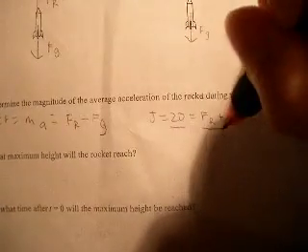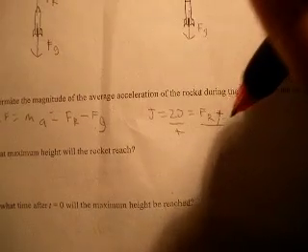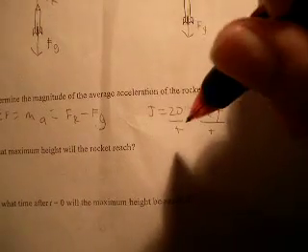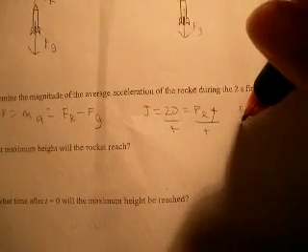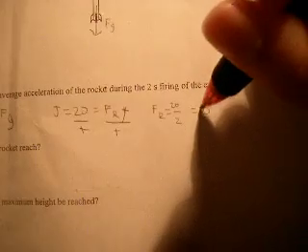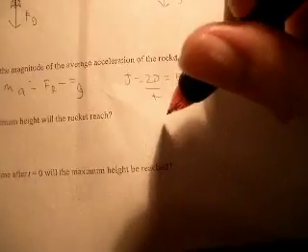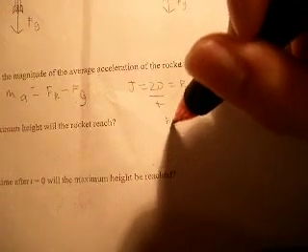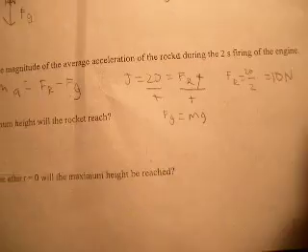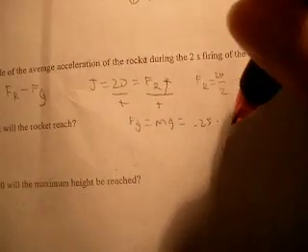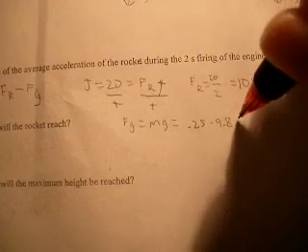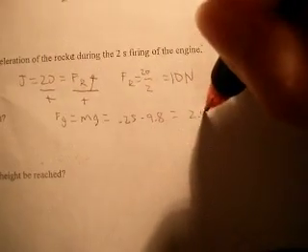You can divide both sides by t. T equals 2, so the force due to the rocket equals 20 over 2 equals 10 newtons. Force due to gravity equals mass times acceleration due to gravity, which equals 0.25 times 9.8, which is 2.45.